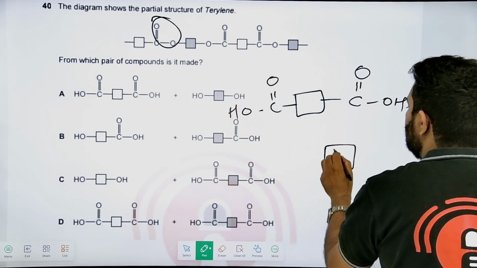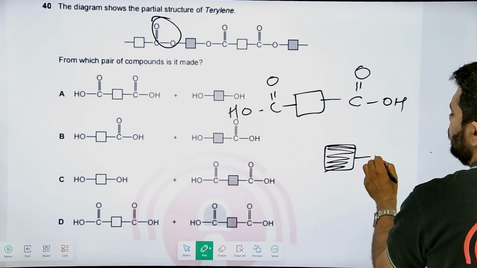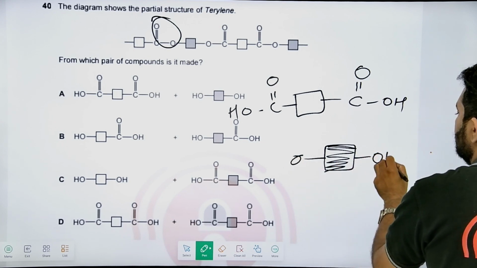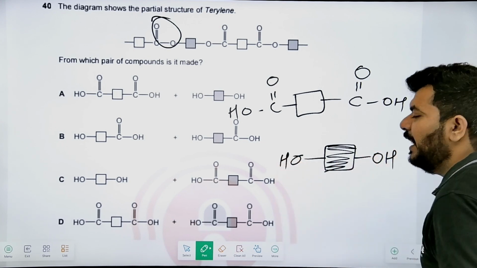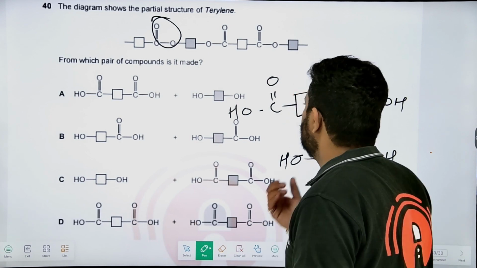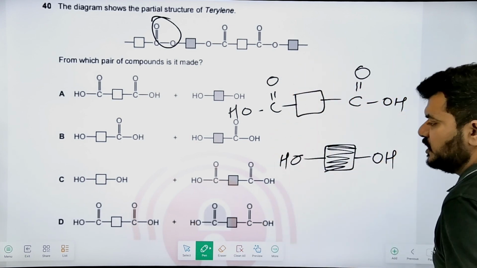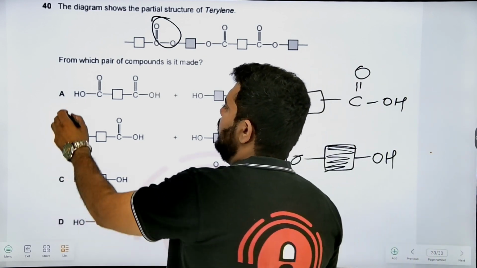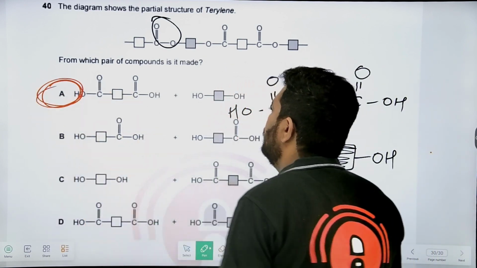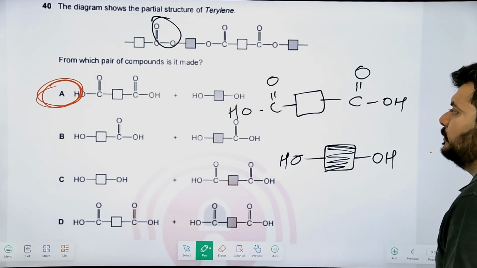And this gray box, because it only has oxygen on both sides, it can only have hydrogen, right? Because when this compound forms, only water is removed. So check for this compound, and I think option A itself is your correct answer over here, right?